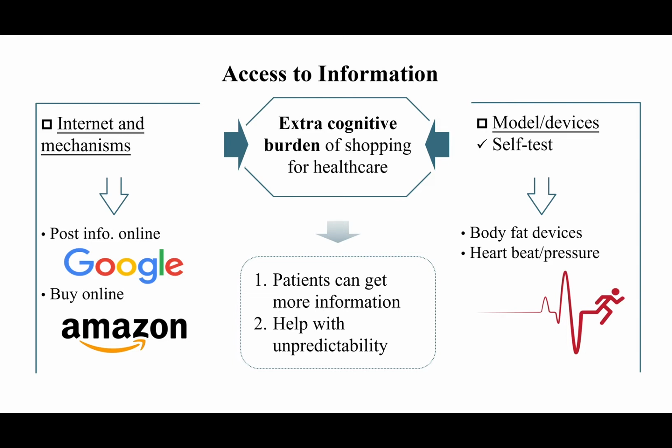However, the internet and other mechanisms nowadays help customers acquire more information. For example, in terms of the price dispersion problem, if all pharmacies post information on drugs online, including price, usage, and effect, buyers could easily search online and buy the satisfying and cheapest one. Also, sophisticated modeling helps with unpredictability in a bunch of fields, like body fat devices and heart rate and pressure devices.